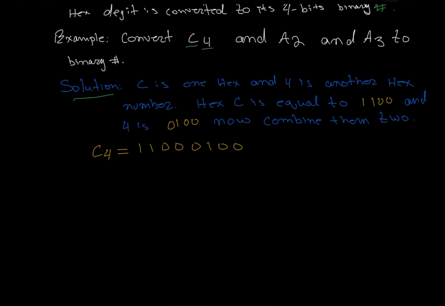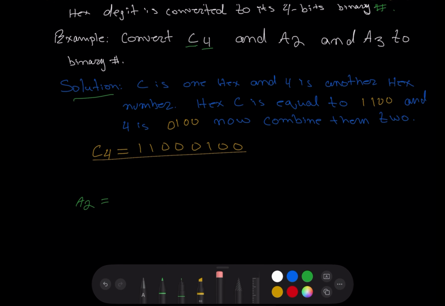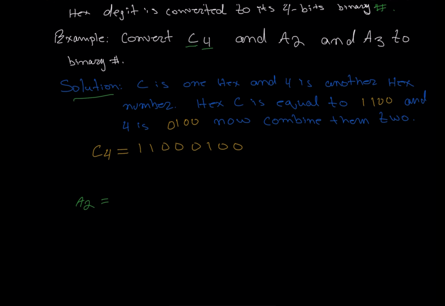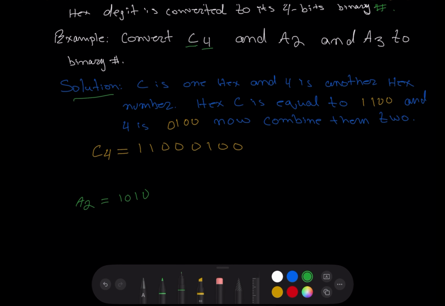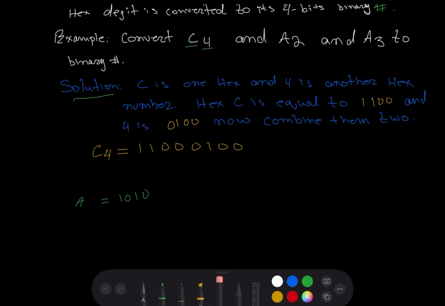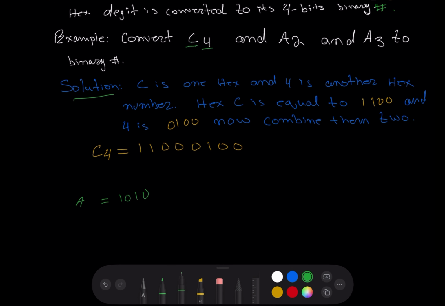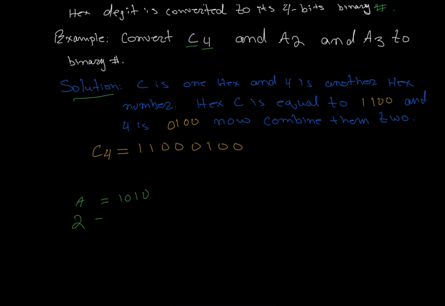Now what about A2? A is 10, so 1010. That is your A. And the binary representation for hex 2 is 0010.